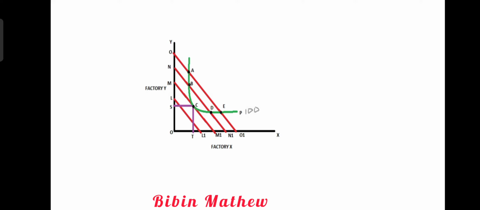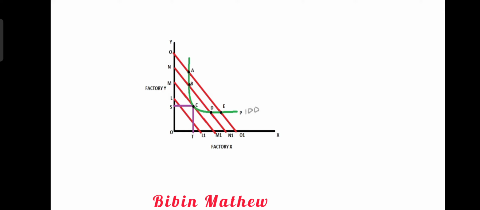However, if the producer is a rational human being, he would try to be on a lower isocost line, because the curve goes below the isocost line OO1. At the isocost line NN1, he can choose the combination B and produce 100 units.